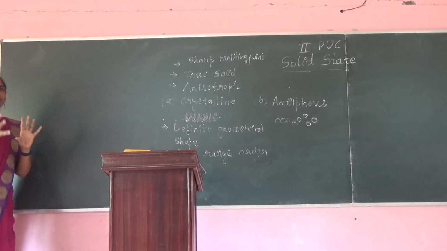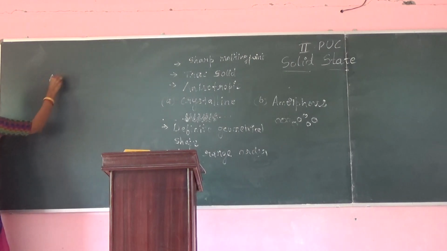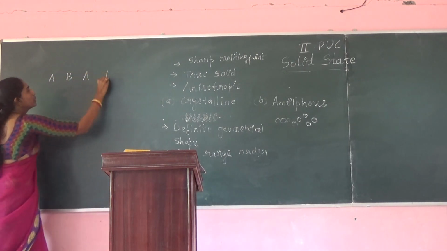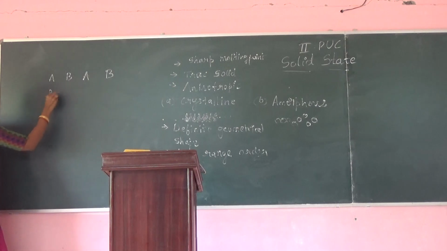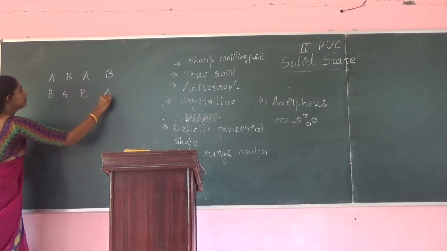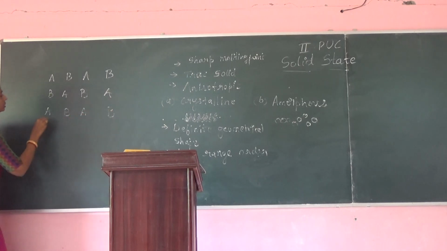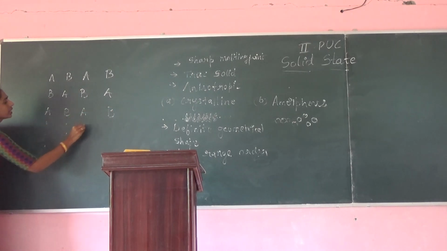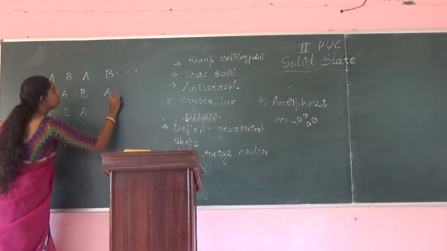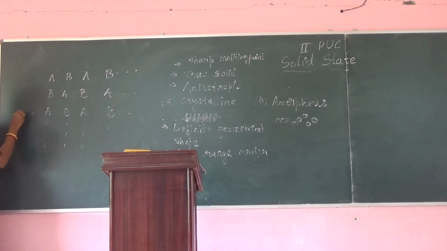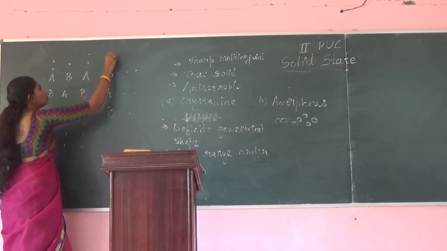I'll write a simple crystalline solid here. A, B, A, B. Again, B, A, B, A, B. In this way, we can observe the repetition. Since crystalline solids have long range order, that repetition of the particles can be observed throughout the solid.